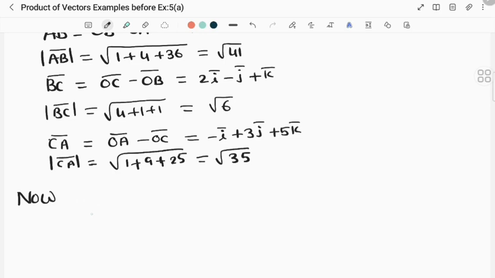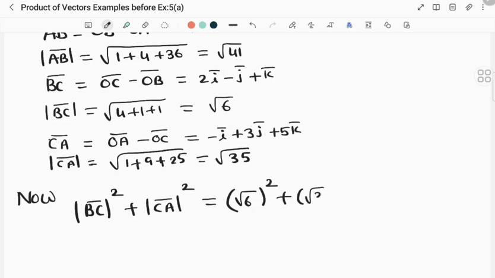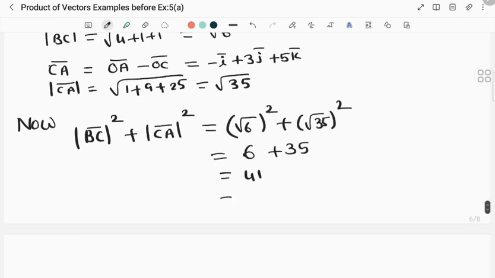Now mod BC square plus mod CA square. So root 6 whole square plus root 35 whole square. 6 plus 35 is equal to 41. 41 can be expressed as root 41 whole square only.